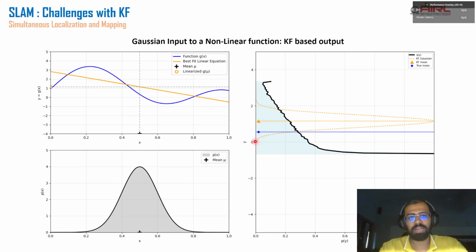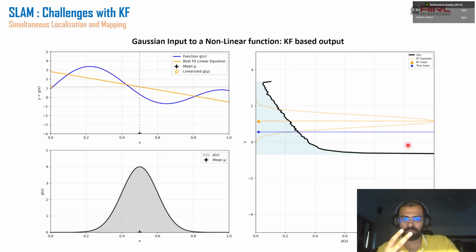So we get that linearized g line. Given that I input a Gaussian distribution into it, I get this yellow curve as an output. Now, to get the true distribution, what I have done is I have taken this nonlinear equation, sampled all the numbers of my Gaussian distribution, gotten an output, and then plotted that output as well, just for our understanding. Because I wanted to show that this is not Gaussian in nature.